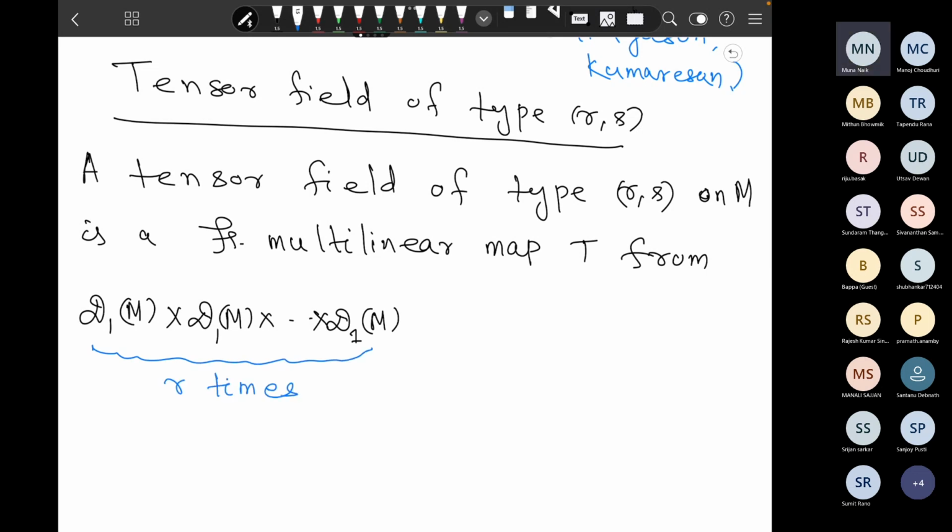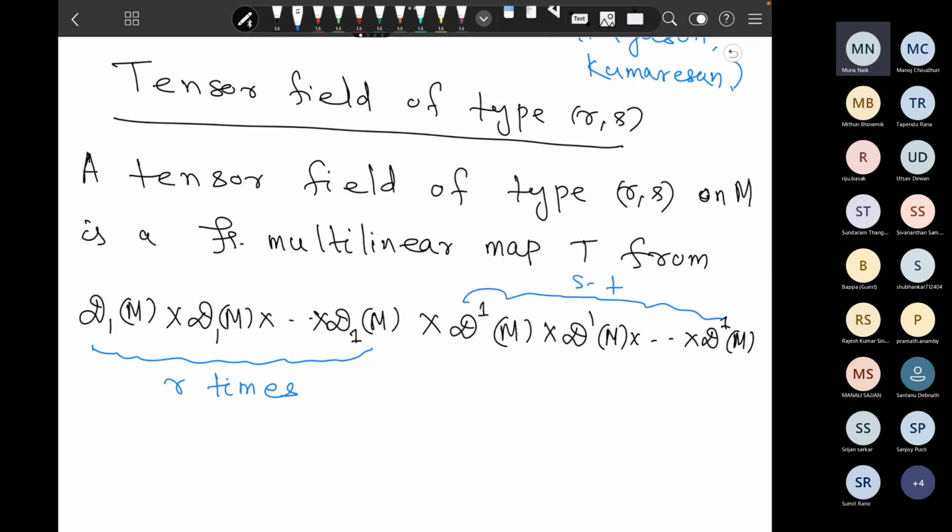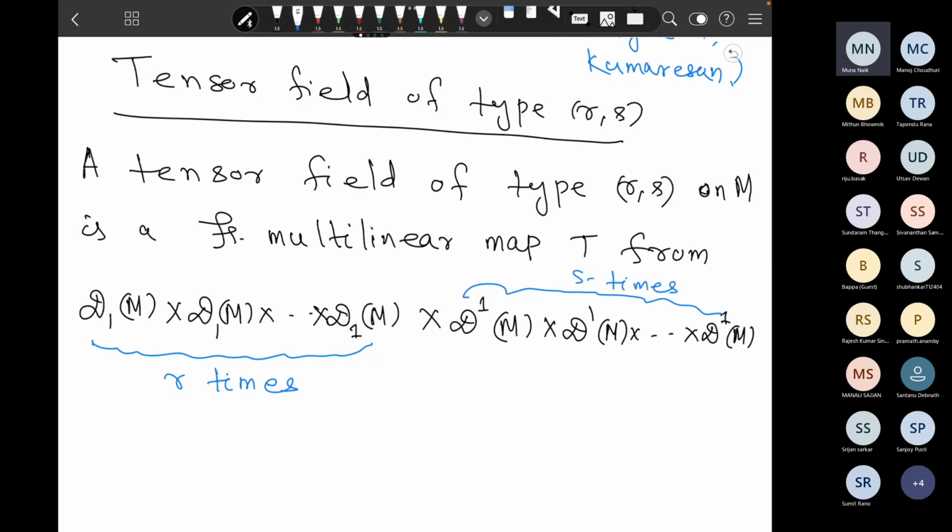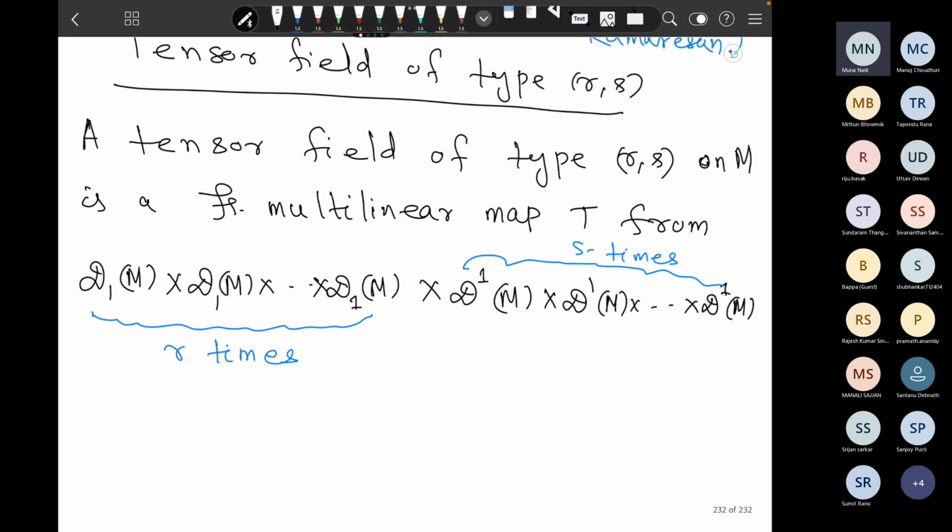Then I will take the other one, with superscript d1m, d1m, this is S times. Now take from this to F.